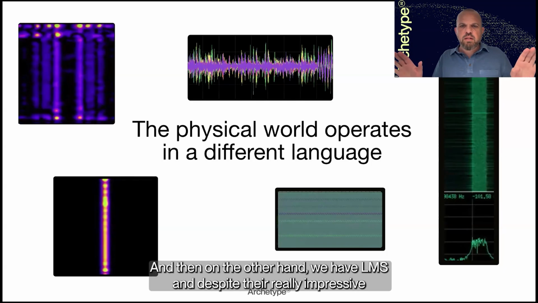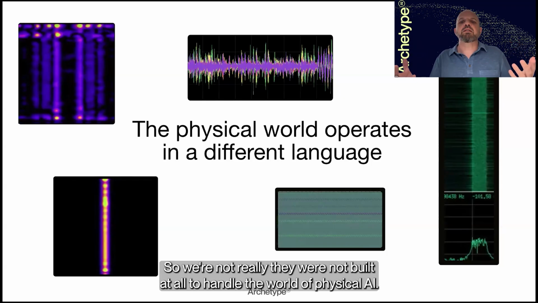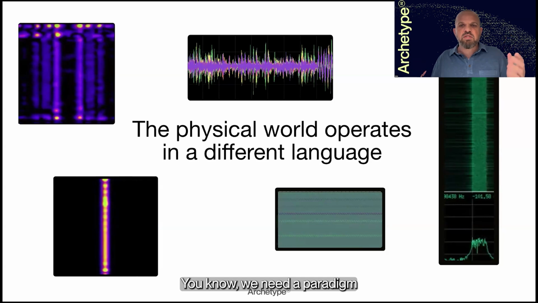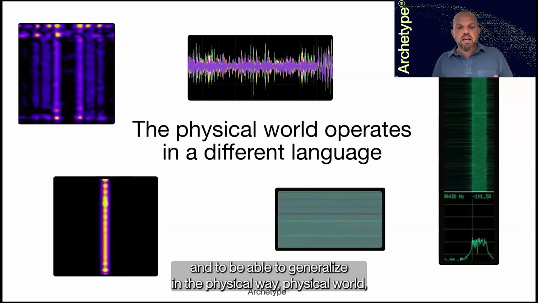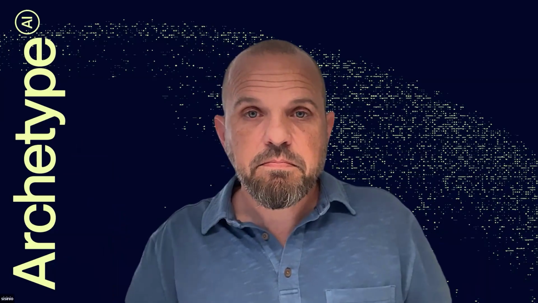And then on the other hand, we have LLMs. Despite their really impressive capabilities in the world of text, they were not built at all to handle the world of physical AI. We need a paradigm shift here to be able to process these physical signals and to be able to generalize in the physical world, the same way that we've been able to achieve this with text.